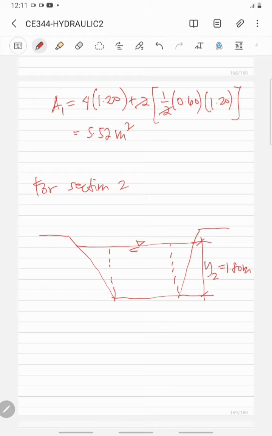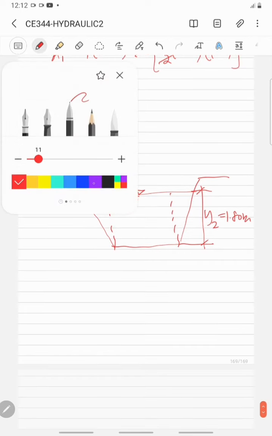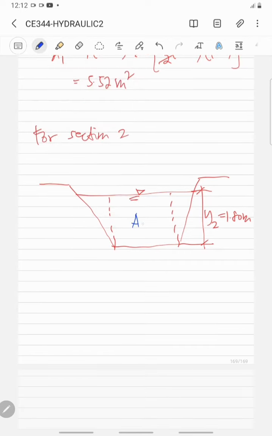This is our section 2, but I make this my section 1 of section 2, this is section 2 of section 2, that is area 2, and this is area 3 of section 2.